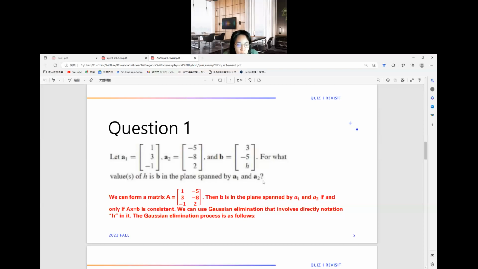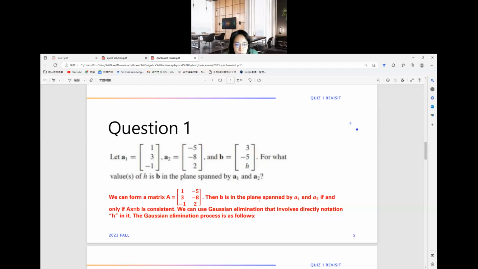So according to the definition of span, we can decide whether b vector is in the space spanned by a1 and a2 by checking the matrix A formed by first column a1, which is 1, 3, minus 1, and the second column minus 5, minus 8, and 2.